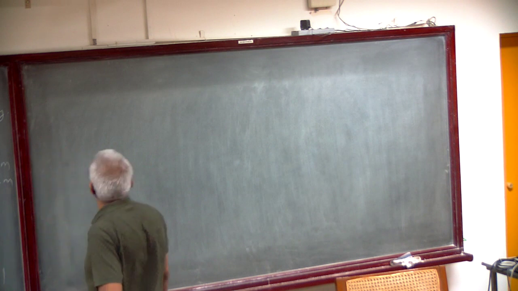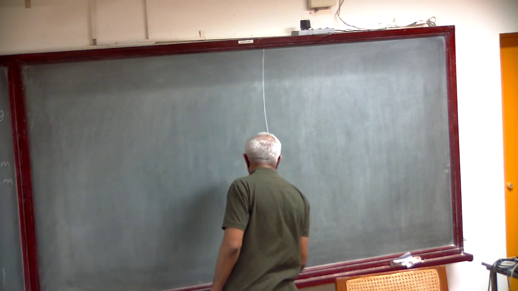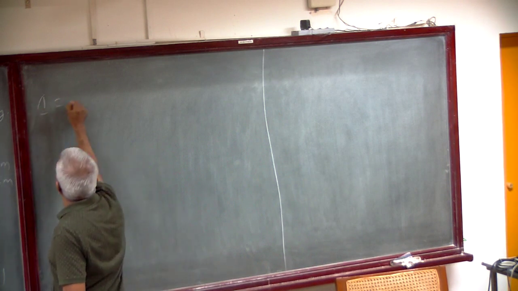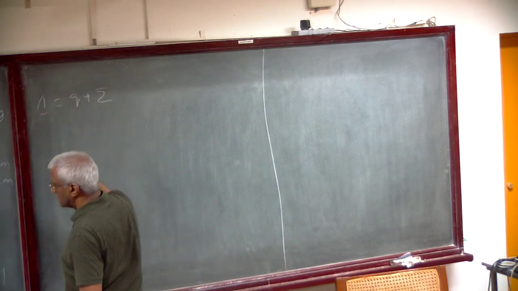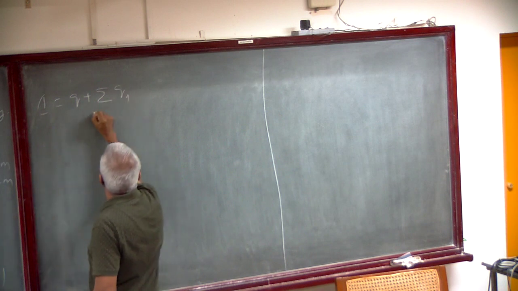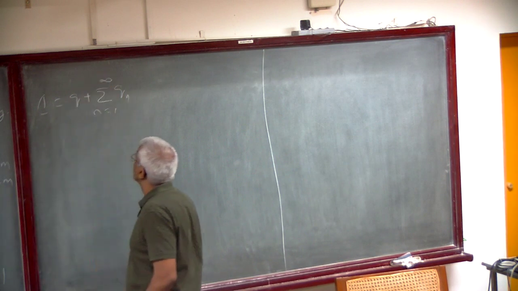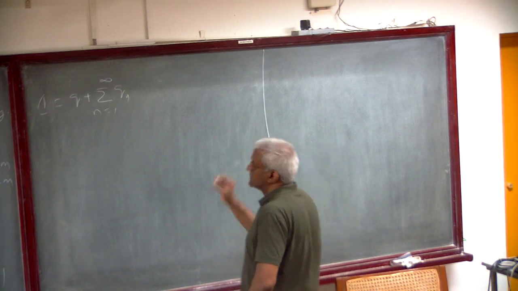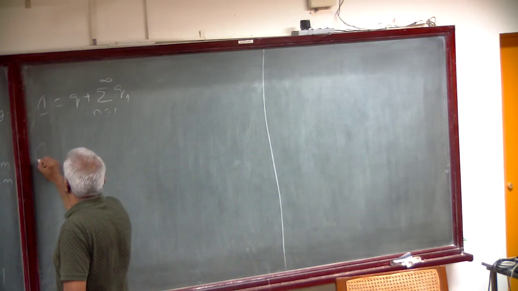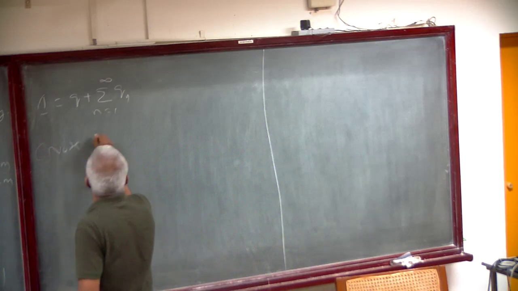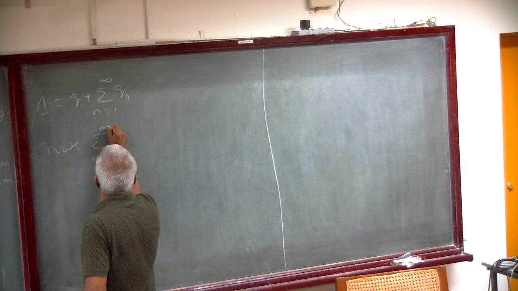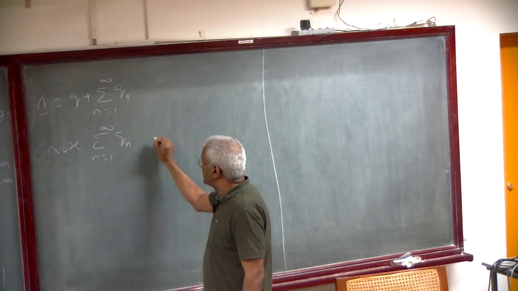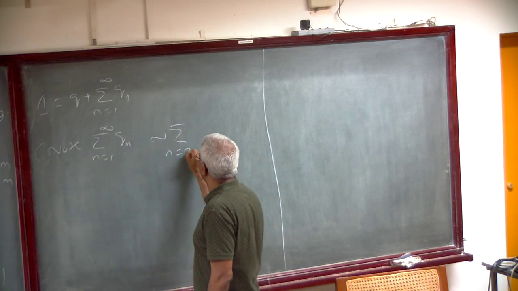So what do you want to do? The identity 1 equals Q plus summation Qn, n equal to 1 to infinity. Note that summation n equal to 1 to infinity of Qn, which is a sum of orthogonal projections and hence a projection, is equivalent to summation n equal to 2 to infinity of Qn.